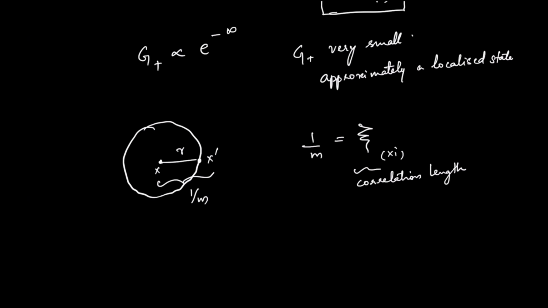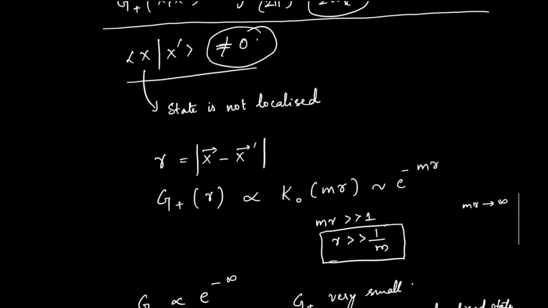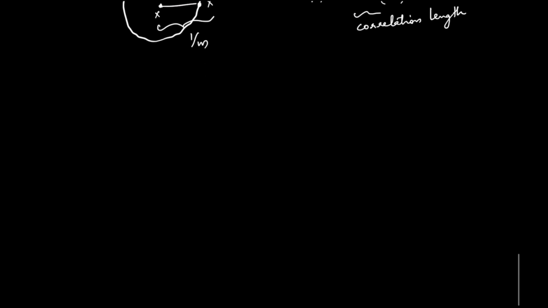So rather than the coordinate space expression, often used in quantum field theory, the expressions are all in momentum space. Therefore, we have to consider the Fourier transform of all the functions. So far we have seen g of x minus x prime, and g plus, g minus, gr, ga, gf, everything in terms of x.